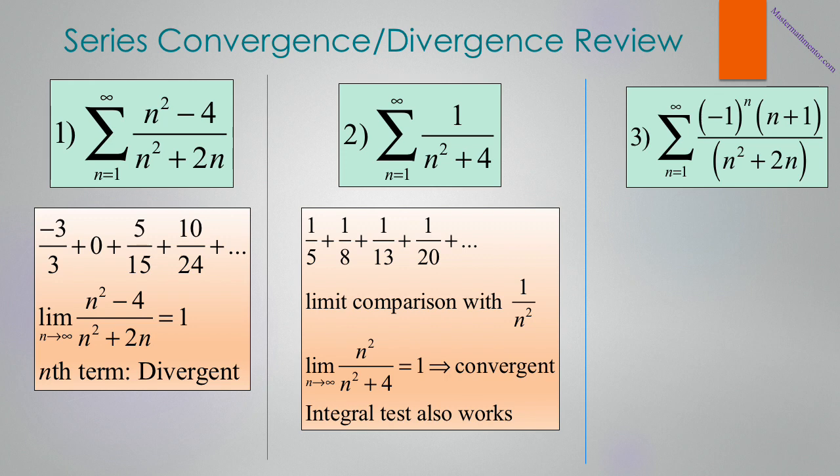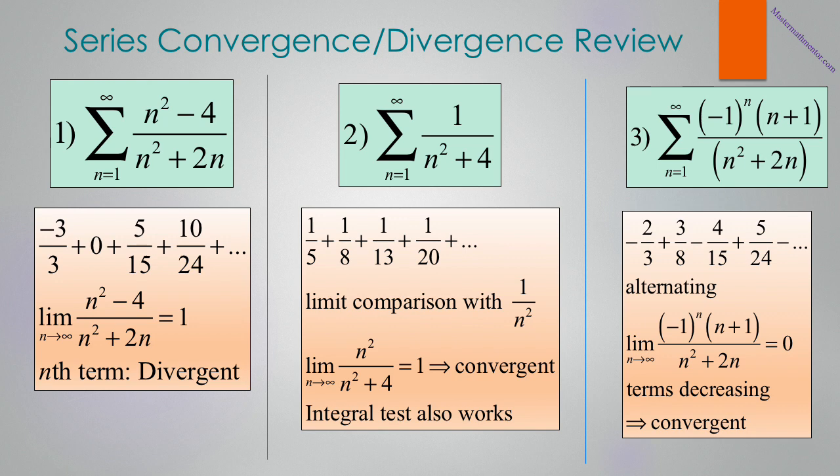The limit as n approaches infinity of n squared over n squared plus 4 is equal to 1. And since this limit exists, our series will do what 1 over n squared did, which is to converge. Note that we could also use the integral test because we can integrate 1 over x squared plus 4, getting an inverse tangent.